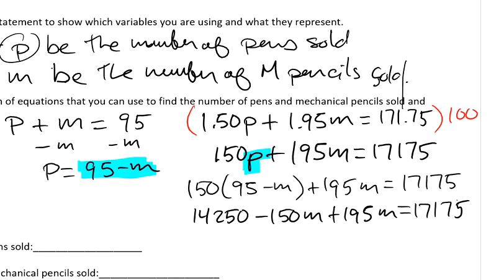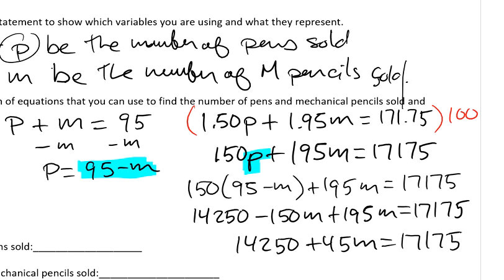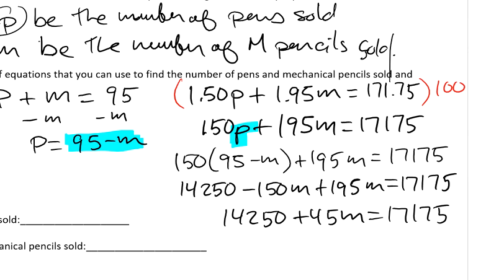Let's see, if I go ahead and simplify that by collecting up my m's, 195m and negative 150m is going to leave me with 45m. So I've got 14,250 plus 45m, and that equals 17,175. I'm going to go ahead and subtract 14,250 from both sides.